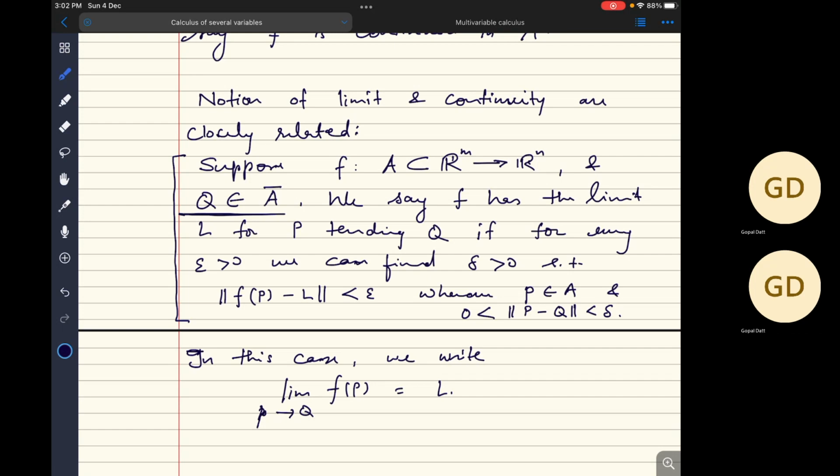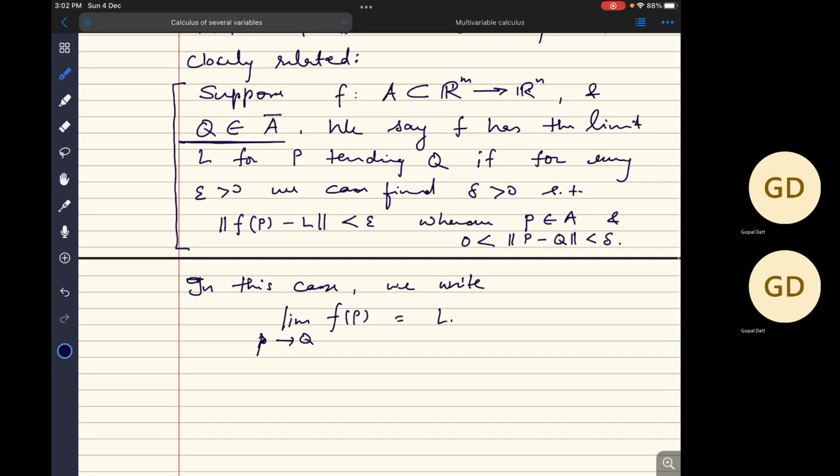So this means we cannot directly say that if a point q lies in the closure of A, then it will lie in A. This is not the case.